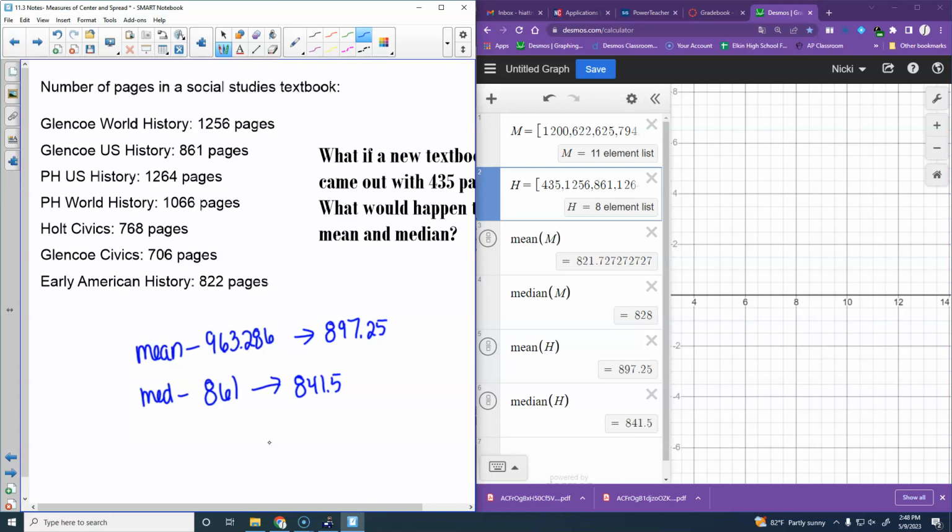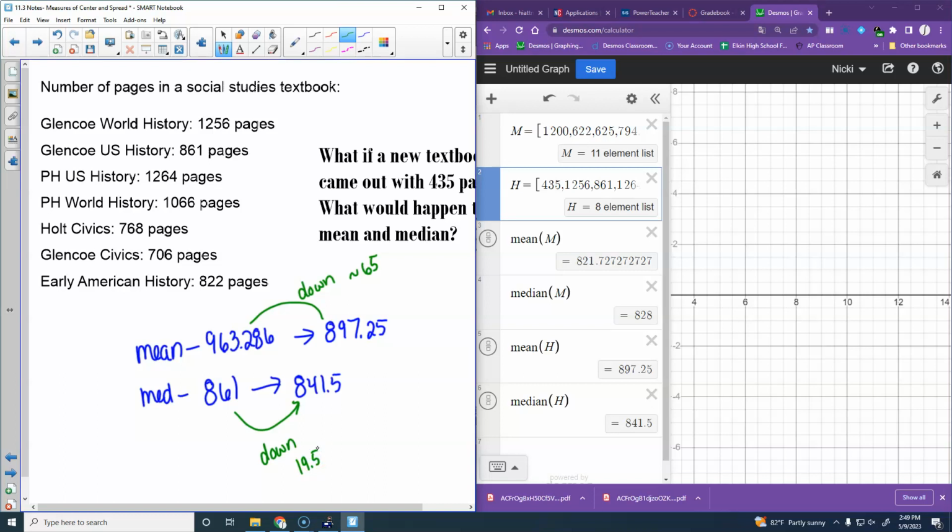Okay, again, we threw in a number that was a lot lower than everything else. This went down like 65-ish, 66 or 67, something like that. This did still go down, but just 19.5. Right?